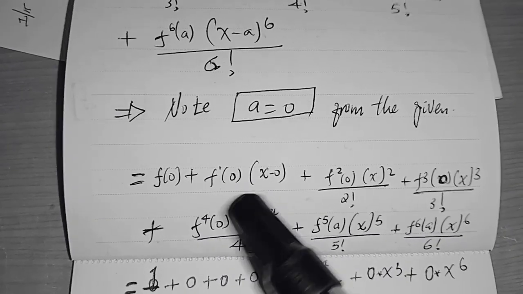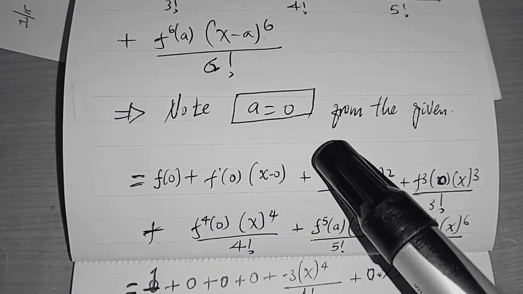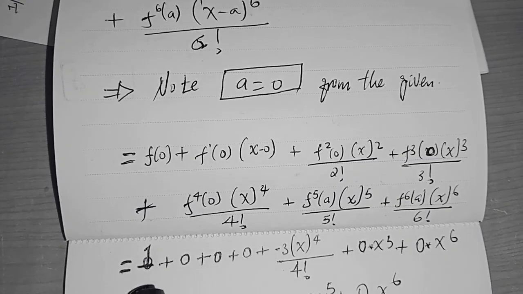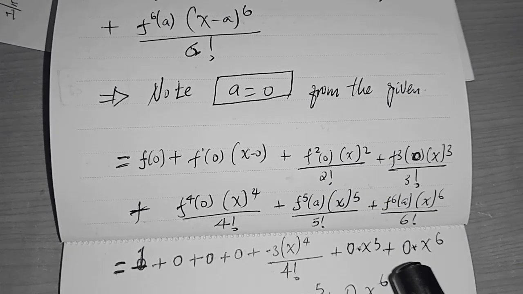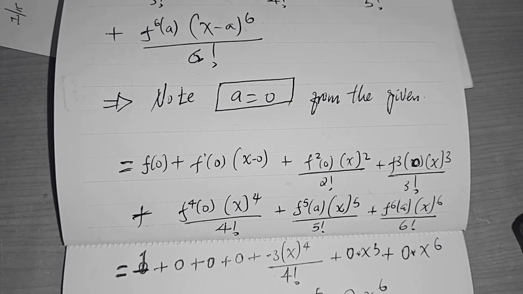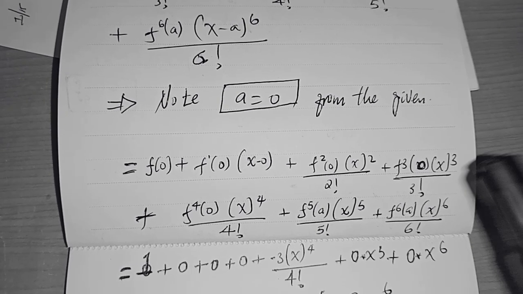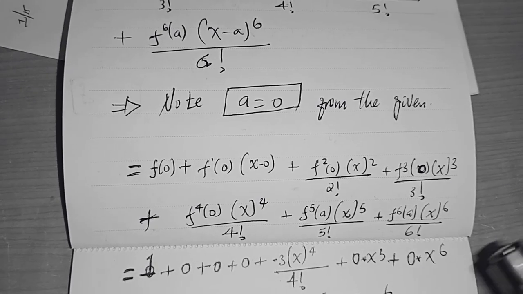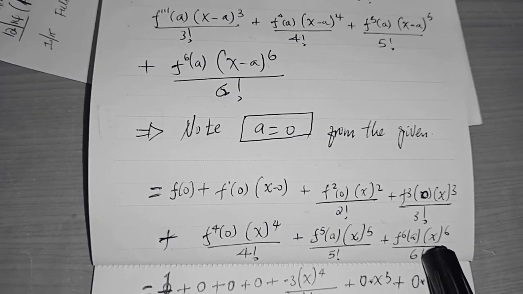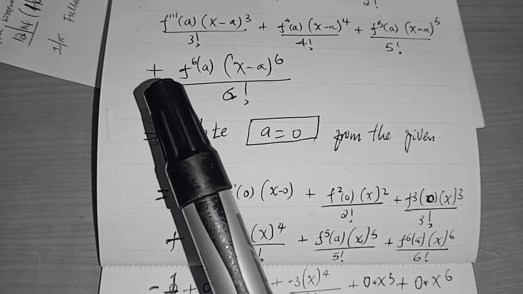Since the question says a is equal to 0, it is already given for us. So f of 0 plus f derivative of 0 times x minus 0, plus f second derivative of 0 times x squared, because it is 0 there is no difference. For the third, fourth, fifth and sixth derivatives, we directly substitute what we got above.